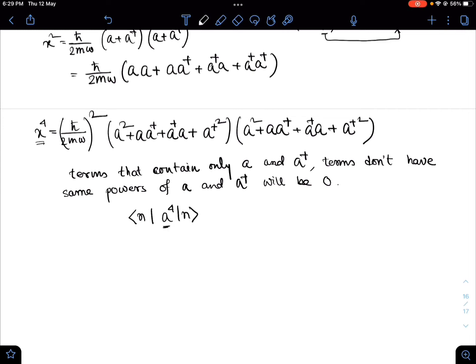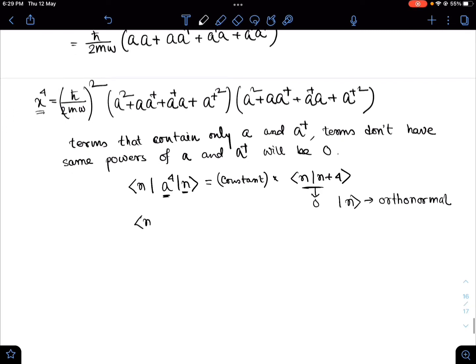So what will it do? Here will be some constant factor multiplied with this a to the power 4, and it will bring the state n to the n plus 4 state. Now we know that these n states are orthonormal, so this term will be 0.